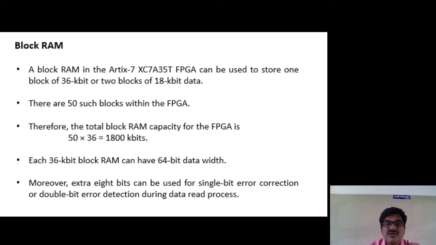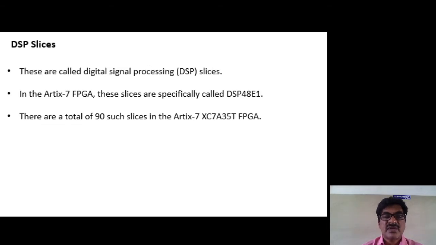It stores one block of 36 kilobits or two blocks of 18 kilobits of data. In this FPGA we have 50 such blocks, so the capacity of the RAM blocks is 1800 kilobits. So totally the RAM block is for storing the data.